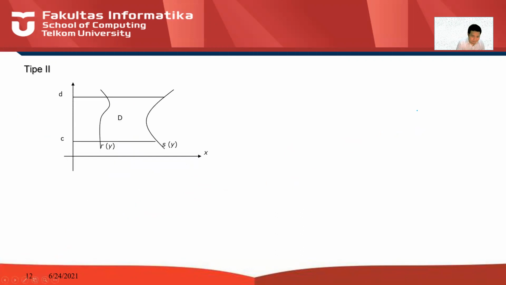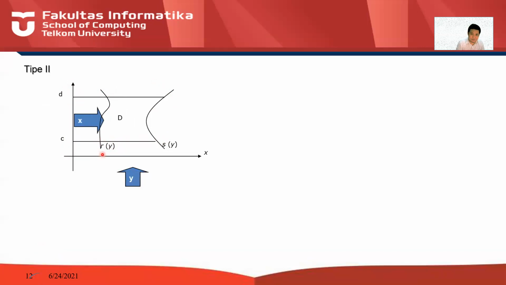I will try to explain now the type 2 here. So this is type 2. What is type 2 actually? The boundary in y is fixed, from C to D, but the boundary in x is bounded by functions, and the functions are functions in y.